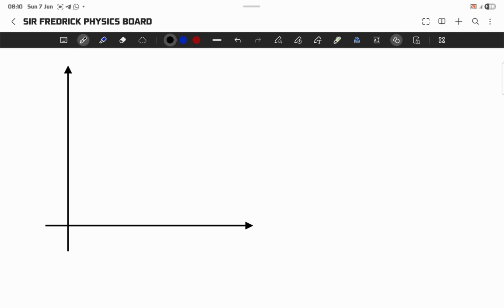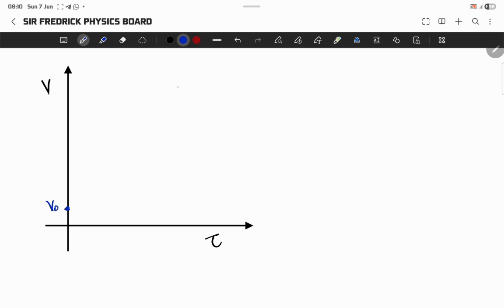So today, we'll start by drawing the graph of velocity. This side we'll put time. Of course we know time is measured in seconds and velocity is measured in meters per second. So we are going to assume that this particle is moving from this point with the initial velocity.